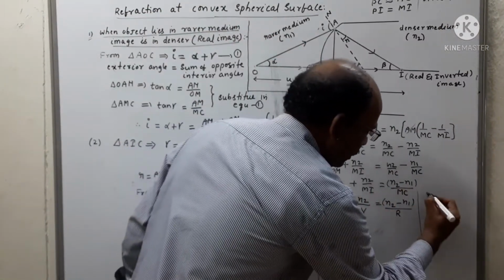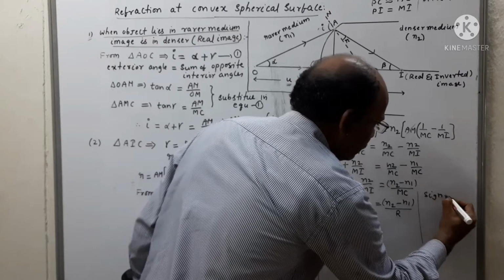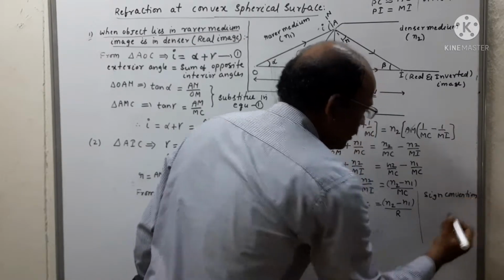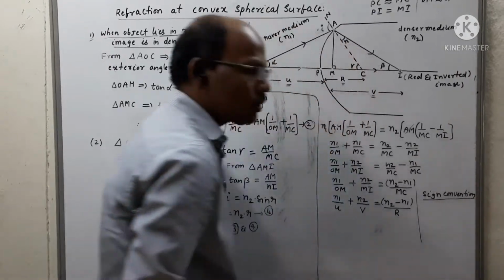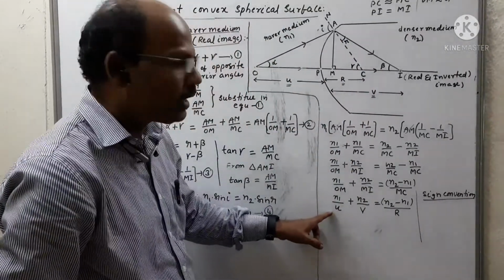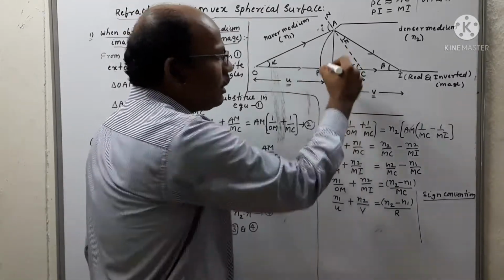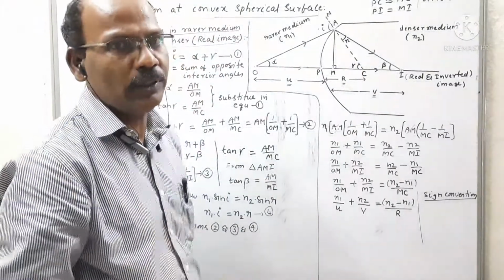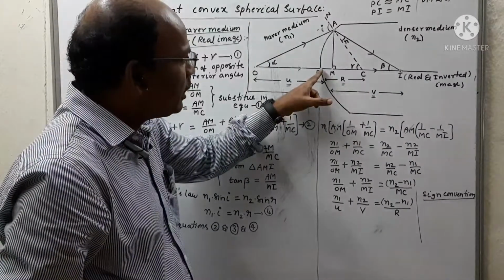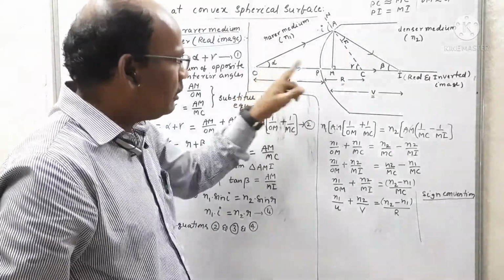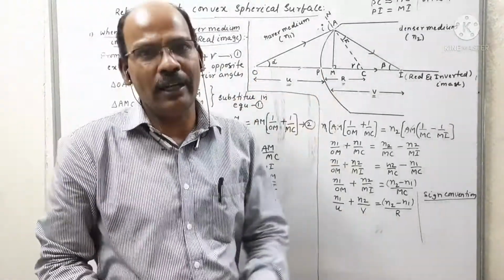So apply the sign convention. What is the sign of object distance? The distances measured in the same direction as the incident light are taken as positive. But the object distance is measured from the pole to the point object in the opposite direction of the incident light.